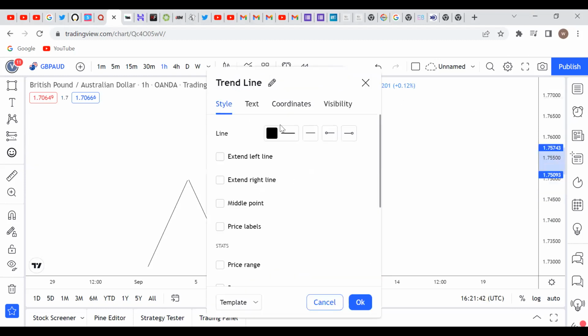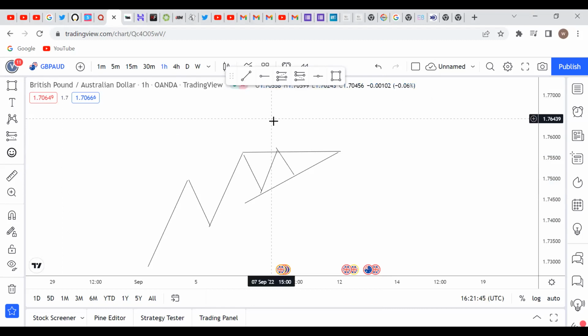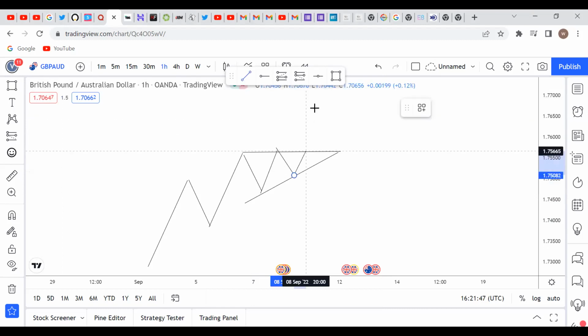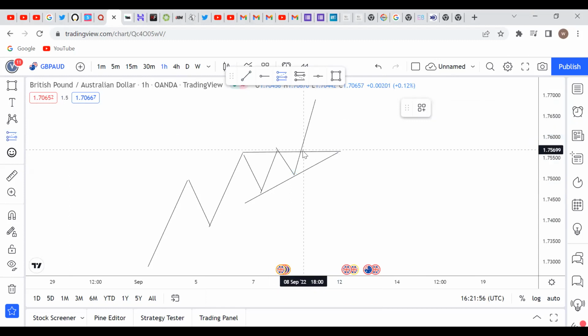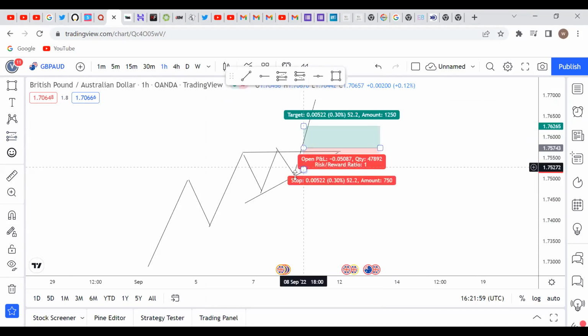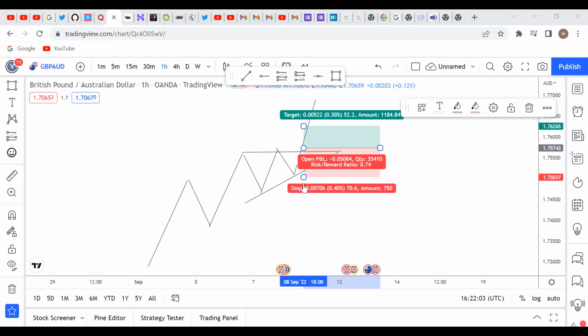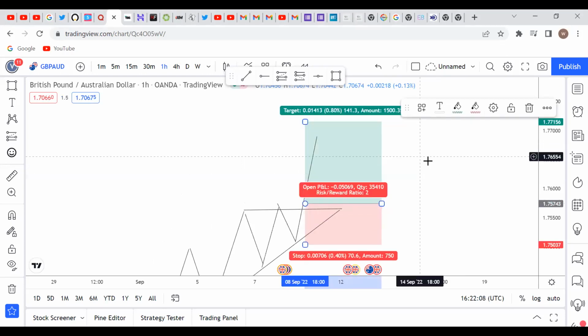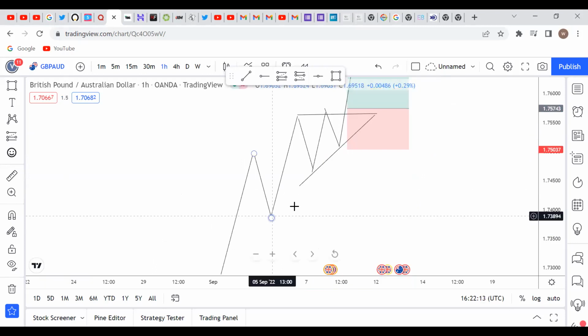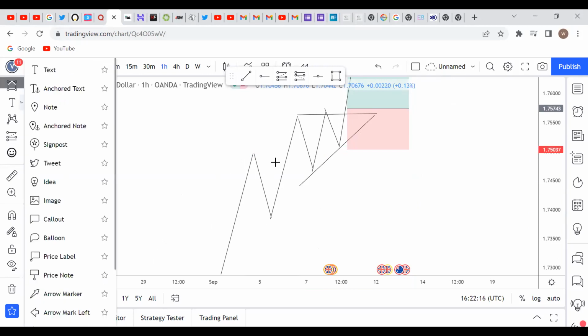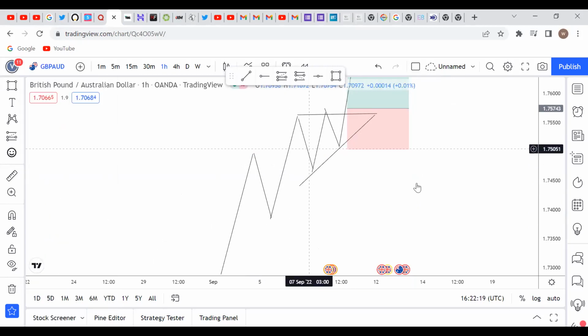Probably you're seeing this on a lower time frame, maybe H1 or M15, and it will break out. Where it breaks out is where you put your entry. The stop loss is below the breakout candle, and the take profit is almost the same leg as the pole. This move here, where the triangle began from, is what we call the pole. Pole, triangle, pole.